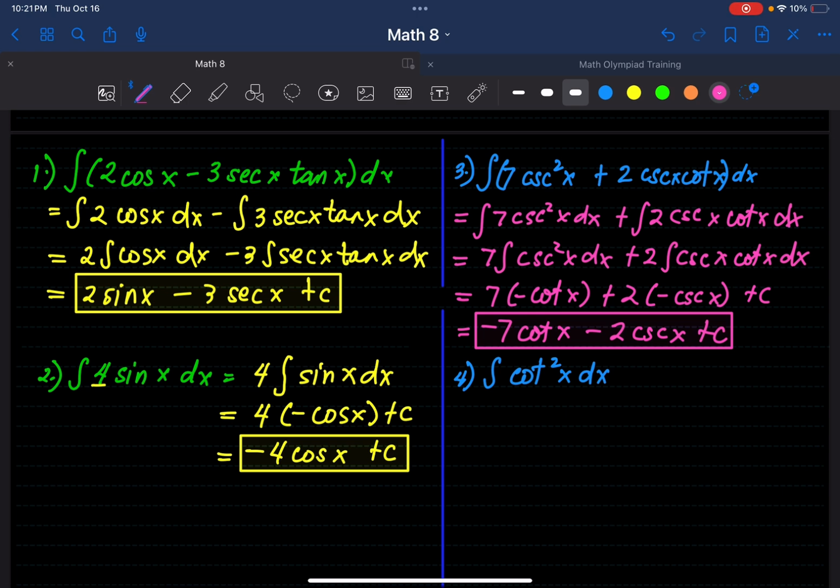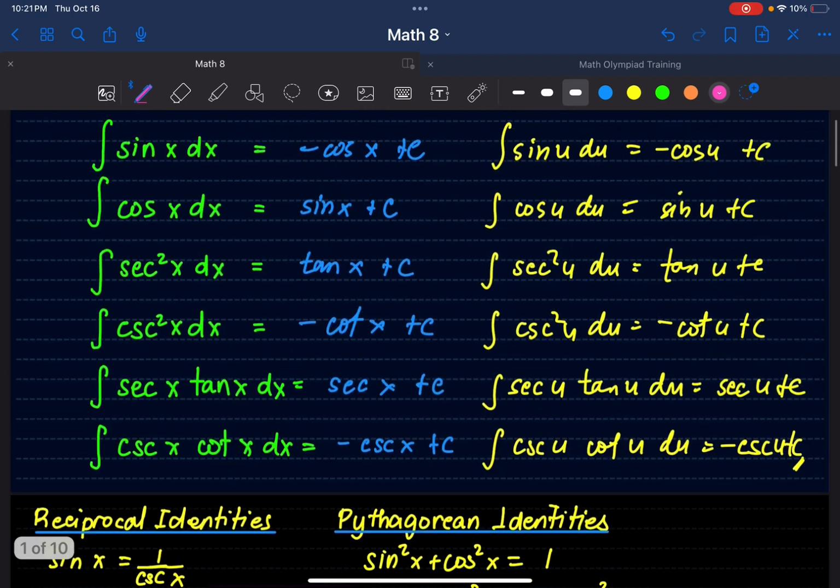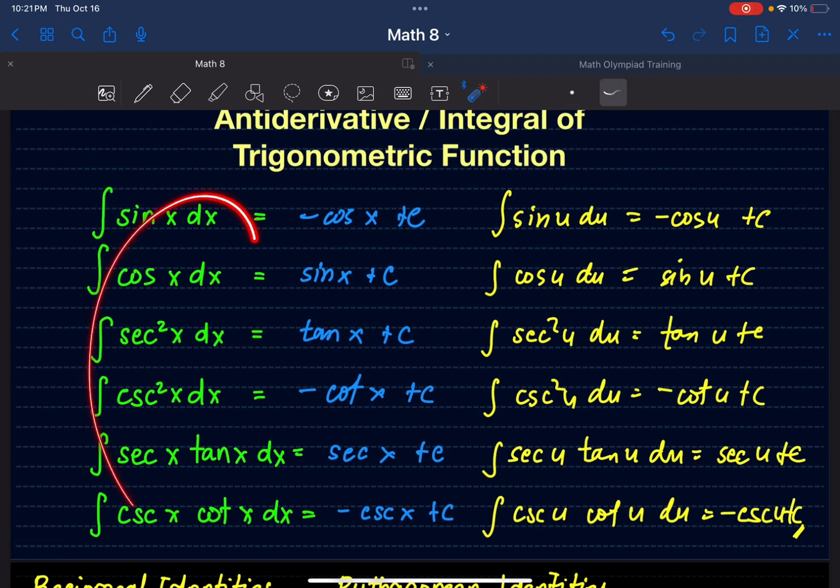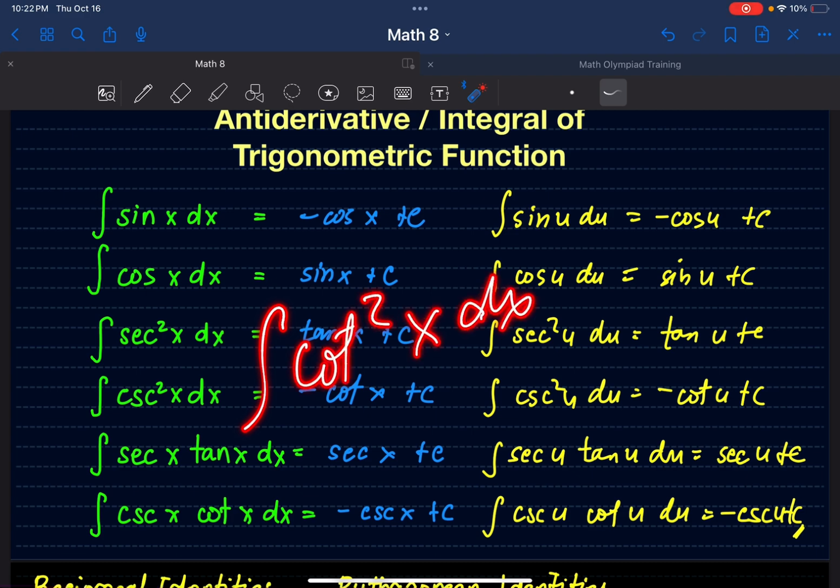For number 4, integral of cotangent squared x dx. So, as you can see here, there is no rule for the integral of cotangent squared. How are we going to solve the integral of cotangent squared x dx? We're going to apply the identities.